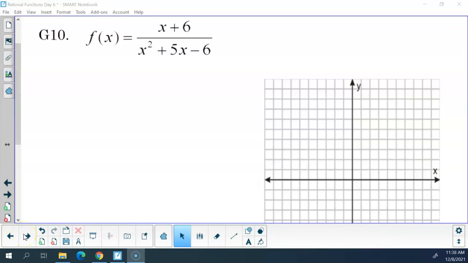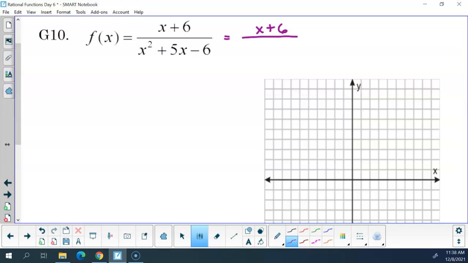Where do we start? Factor. Simplify that: 2x squared plus 5x minus 6. Okay, we can't factor the top, so we can factor the bottom. Key numbers: I multiply together to be negative 6 and add together to be positive 5. Positive 6 and negative 1.